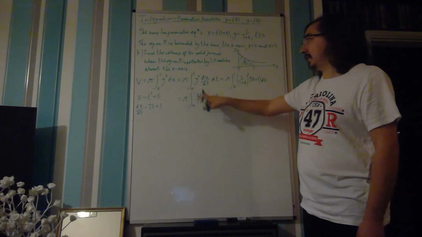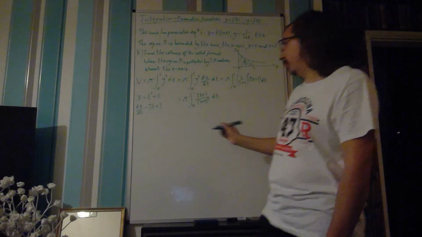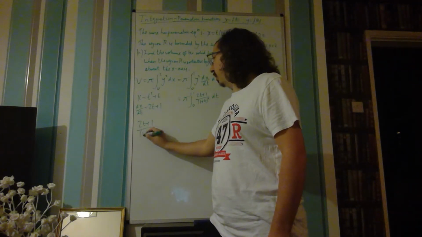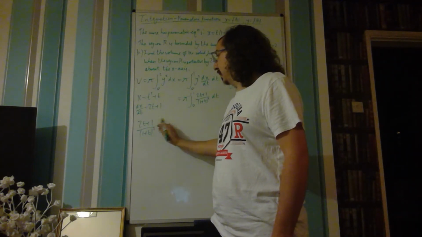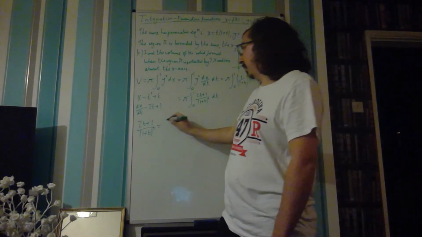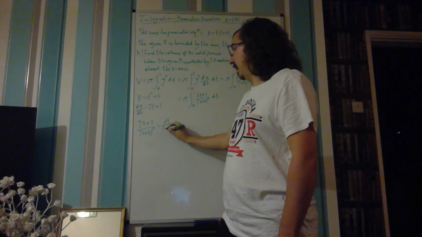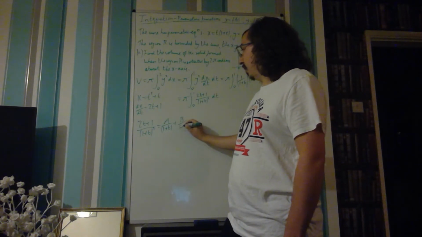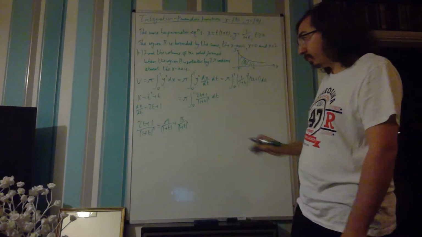So let's take this out and deal with it as a separate problem then. We've got 2t plus 1 over 1 plus t all squared. So it's a repeated factor problem. So we can rewrite that as a over 1 plus t plus b over 1 plus t all squared.